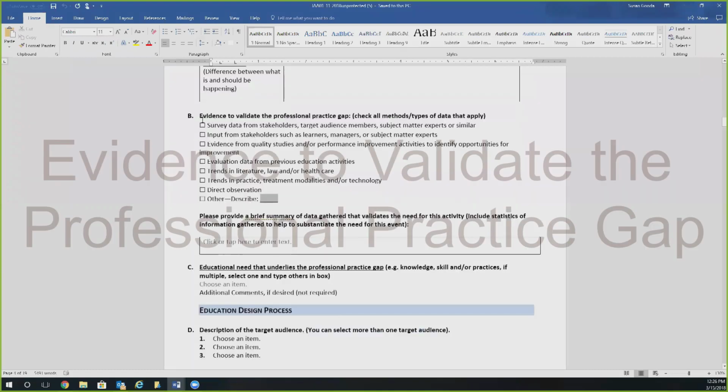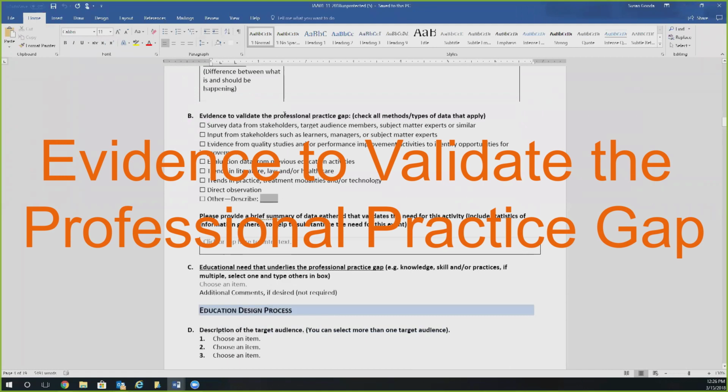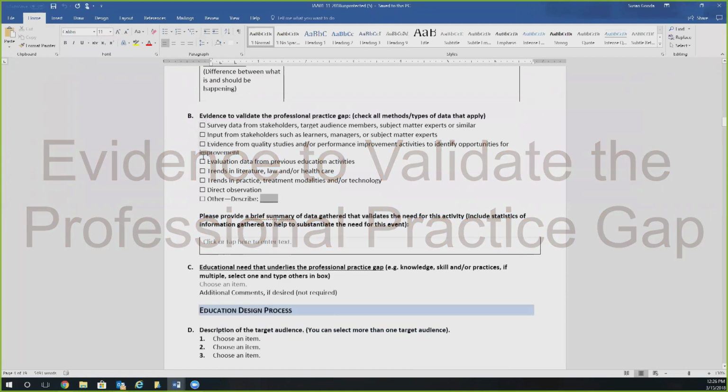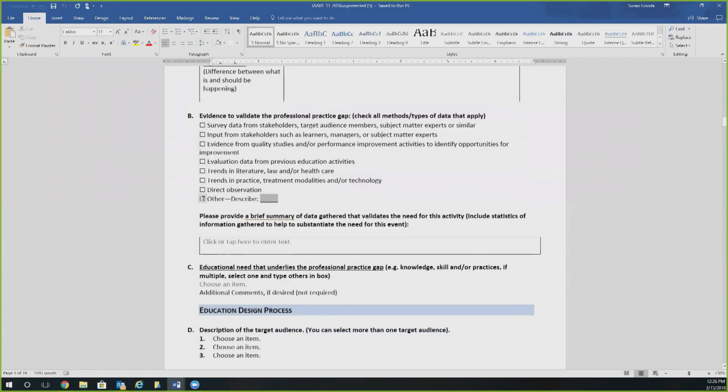So when we get to section B, evidence to validate the professional practice gap, you have a lot of options here that we have included, plus a box for you to fill in a brief description or summary of the information that you have that validates the need for this activity.